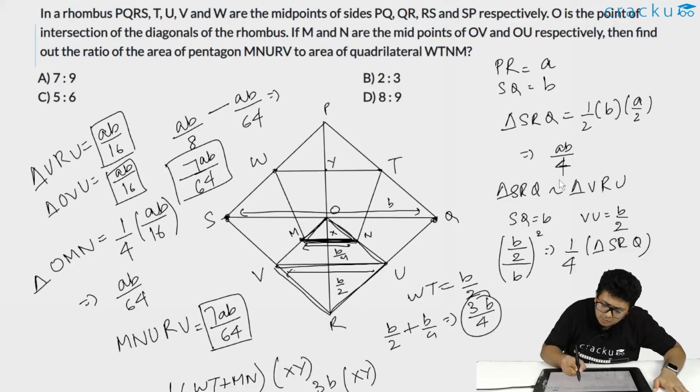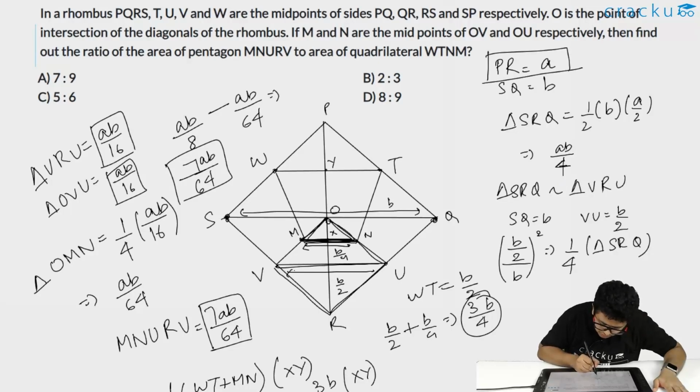So we have taken that PR is equal to A. From symmetry, we know that OR will be equal to A by 2. And we've used the midpoint theorem everywhere. So this is the midpoint, so this length will be A by 4. And this is again the midpoint theorem, so this length OX will be A by 8.